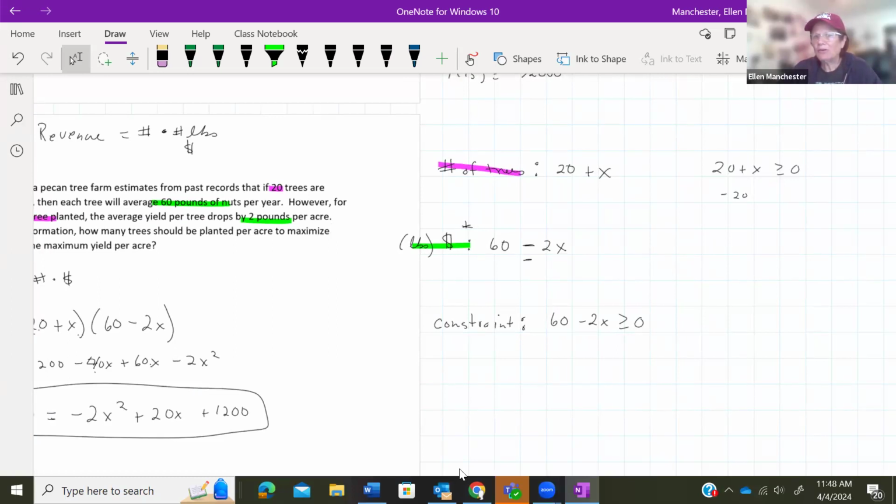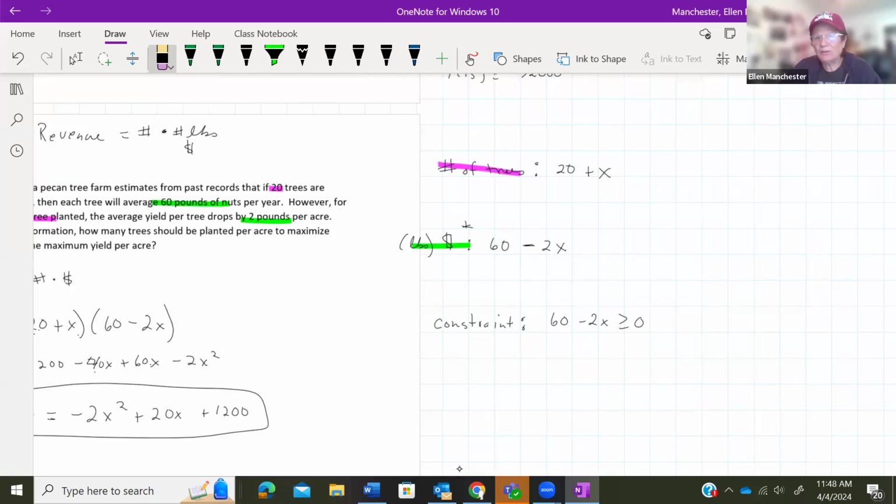When I subtract 20 from both sides, do you see what happens? I end up with a negative number of trees. Or, I'm sorry, a negative number of changes. That doesn't make any sense, so I don't want any values that are negative. That's why when there's a minus sign, it works.